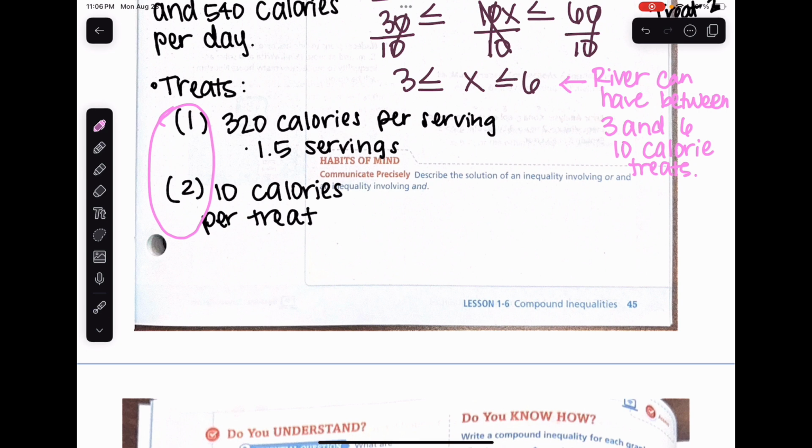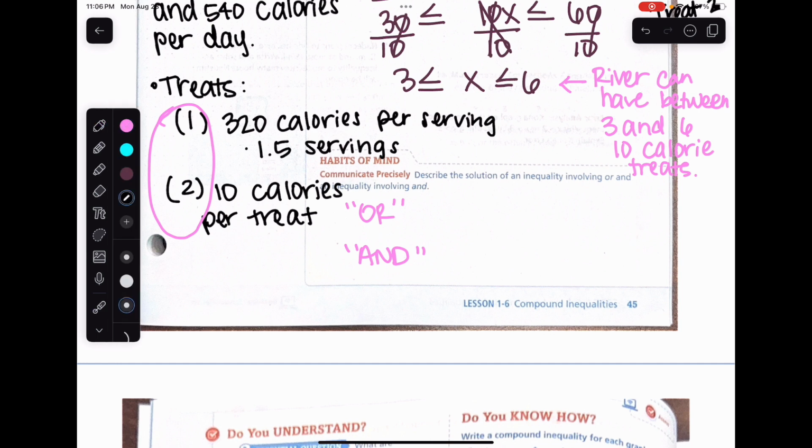All right, describe the solution of an inequality involving or and an inequality involving and. So we know the solution for or versus and is going to have the overlapping section when you're graphing, okay?